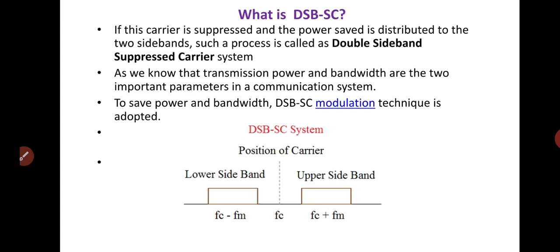The transmission of a signal which contains a carrier along with two sidebands can be termed as double sideband full carrier. So here in this diagram, if you take the centered position of the carrier, the dark line, it will be the system of double sideband full carrier.